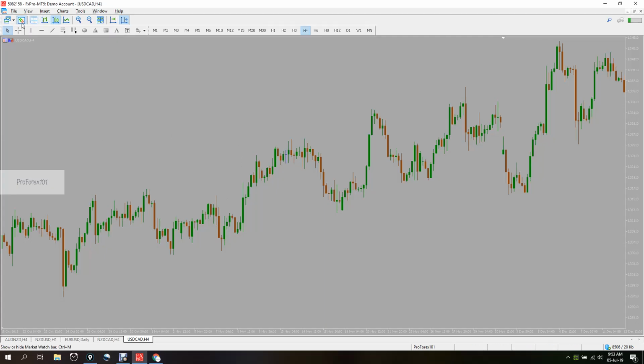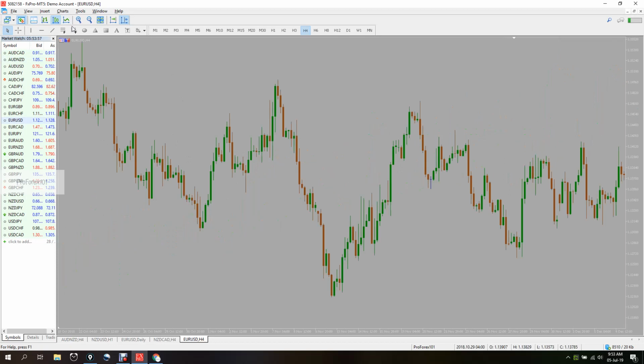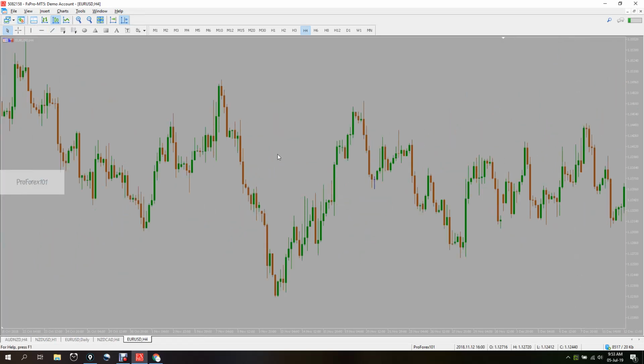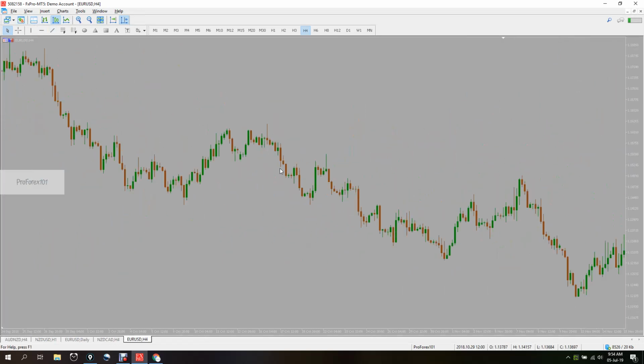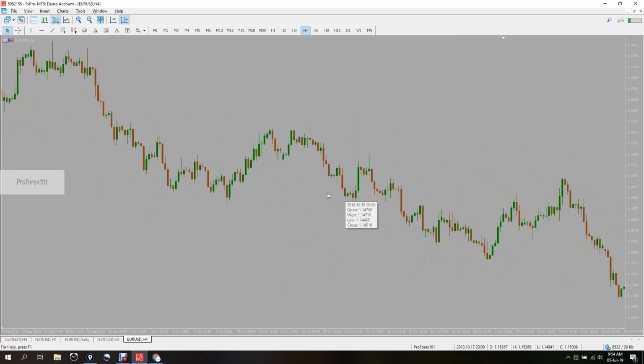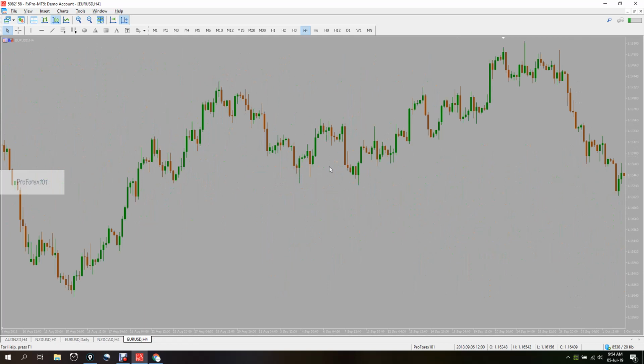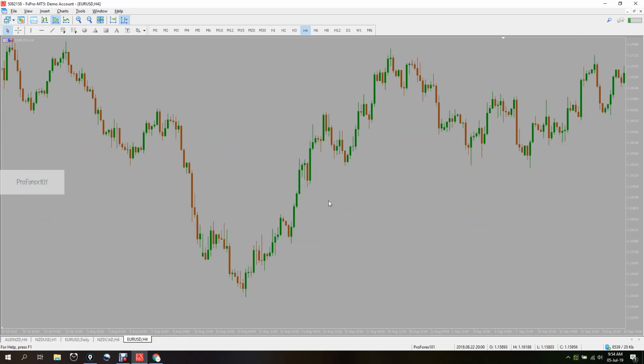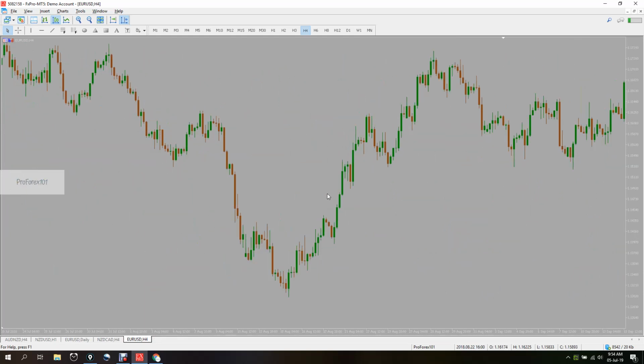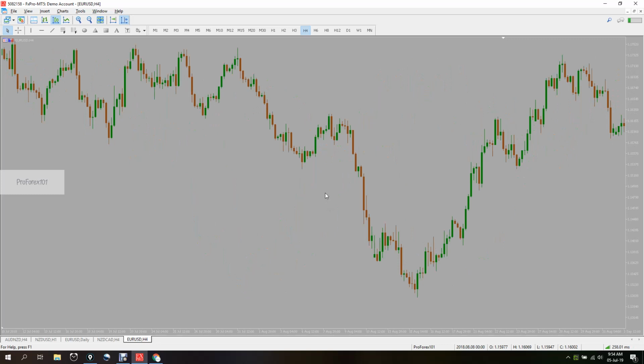Let's get another pair. Let's get Euro Dollar on. I see one here.